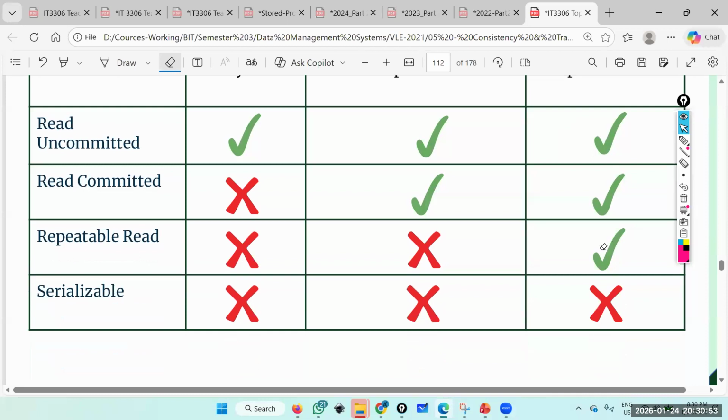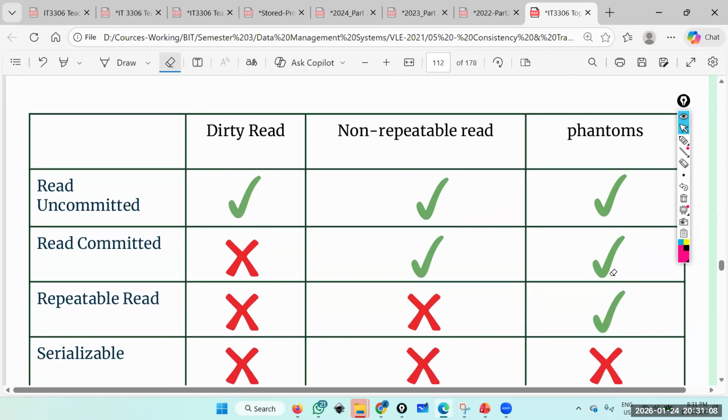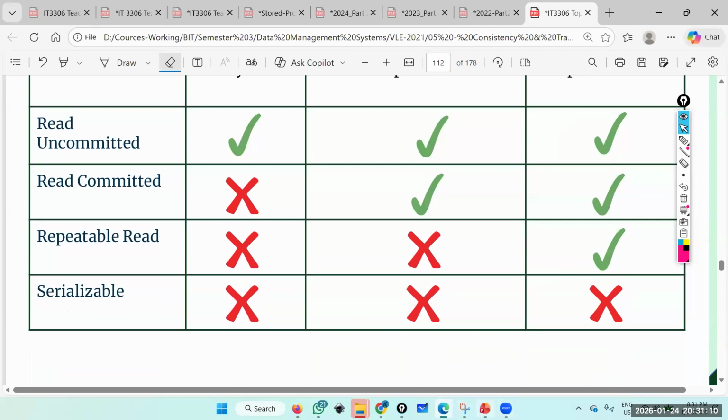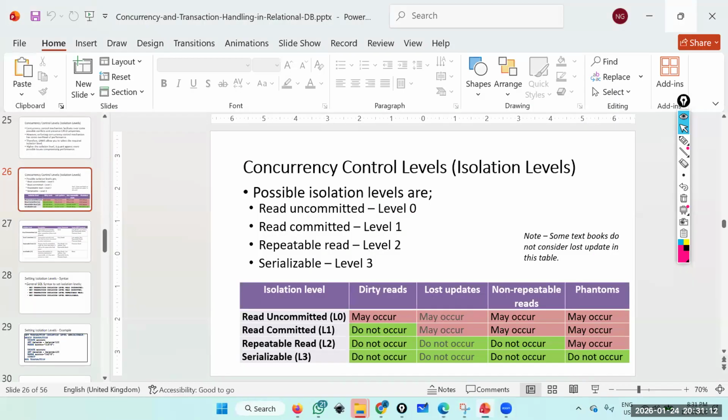Repeatable read, yeah, phantom can happen. Because serializable is the best. No, all are red. Red means actually nothing bad happens. These bad things happen or not. So in repeatable read, still phantom can happen, right? Now, the red parts in the examine UCSC note are what I marked green.